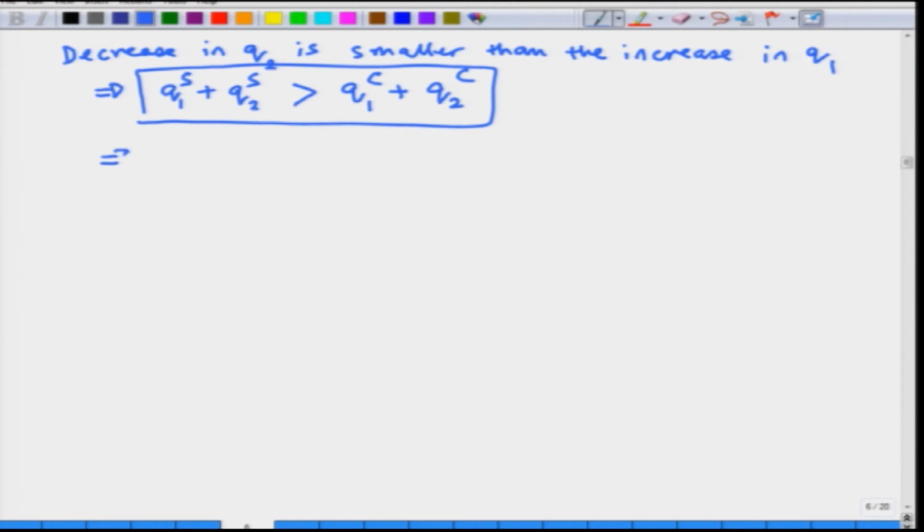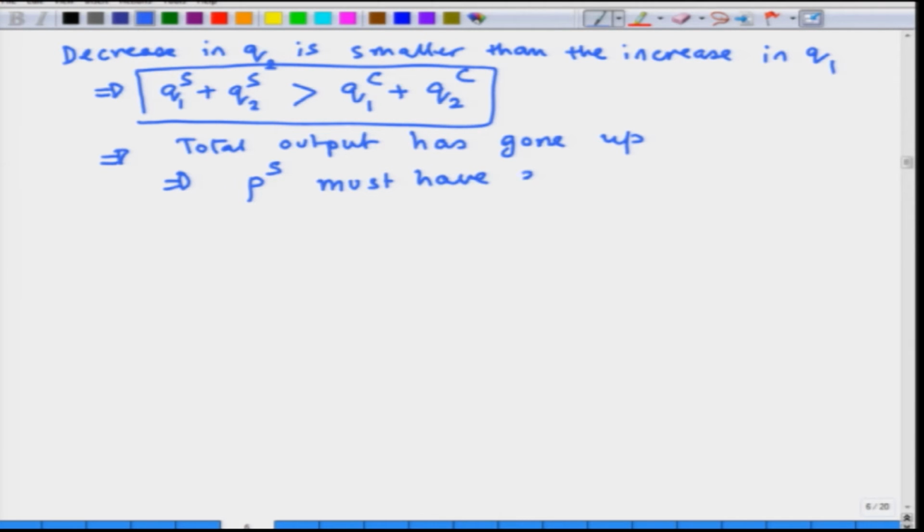This essentially implies, in other words, total output has gone up, which then implies that the price must have gone down, right. So, the total output has increased, so that must mean that the price has come down.